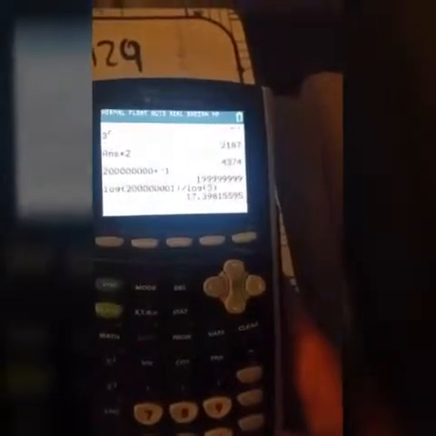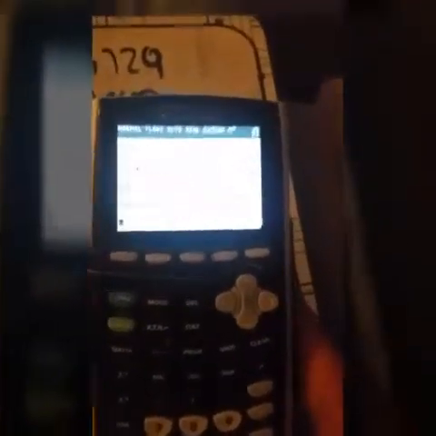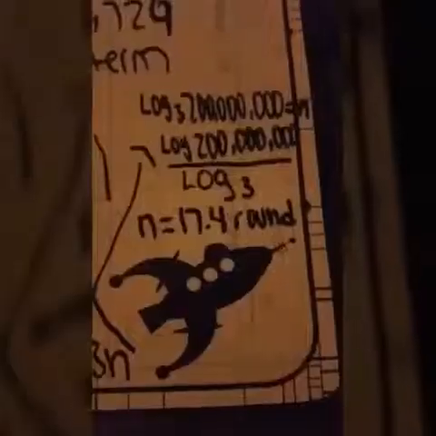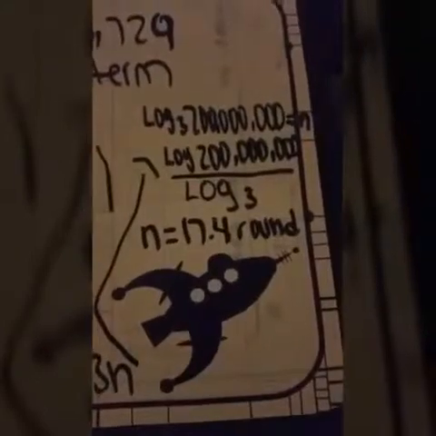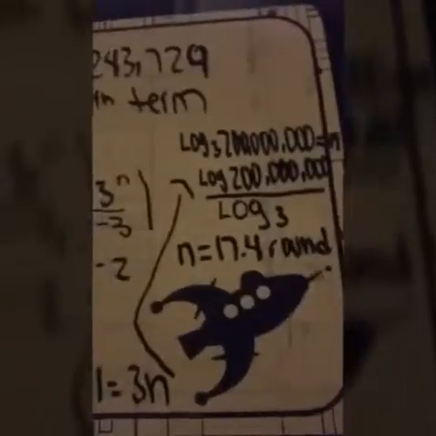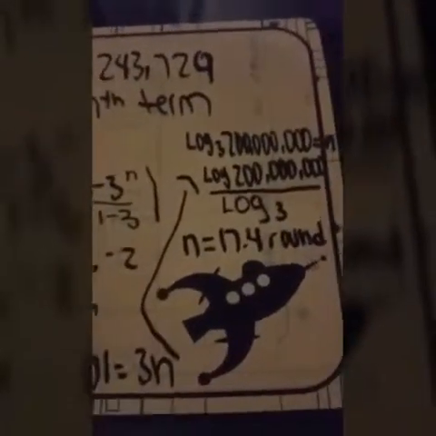And you'll get 17.39, which you round to 17.4. So your n, which is the number of rounds, will be 17.4 rounds. So it takes 17.4 rounds to take up the entire U.S. population.